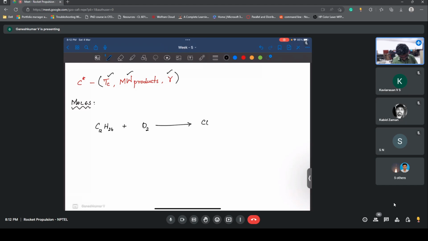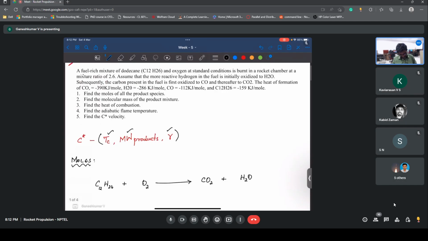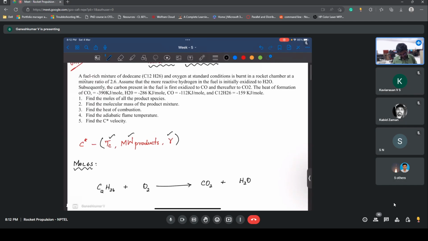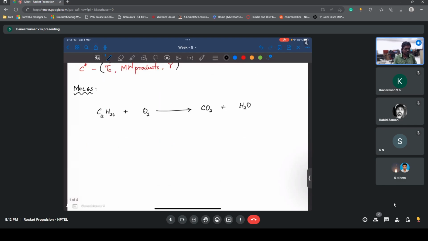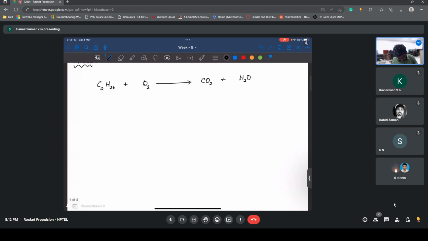We know the ideal products are CO2 and H2O, but we don't know whether CO will form or not. That happens only when there is an unbalanced oxidizer on the propellant side, right? What was given is a mixture ratio of 2.6. So based on this, how do we find it?